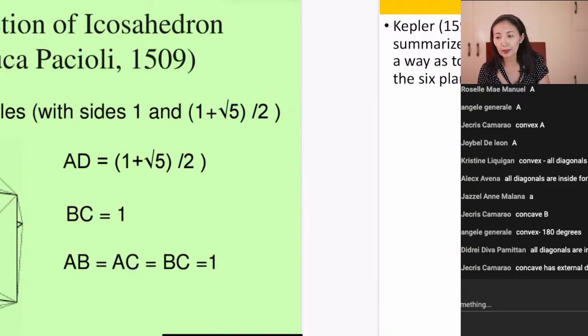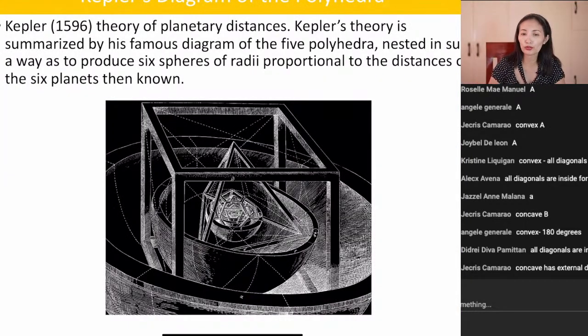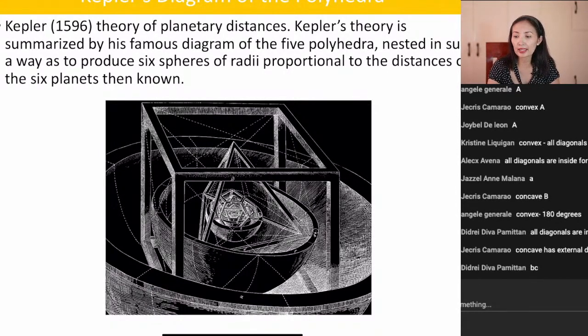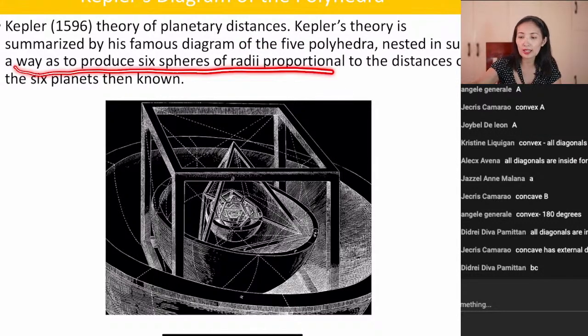Next, Kepler also had his own version of the polyhedra. Kepler in 1596 wrote his theory of planetary distances, and aside from that, his laws of planetary motion. Kepler's theory is summarized by the famous diagram of the 5 polyhedra nested in such a way as to produce 6 spheres of radii proportional to the distances of the 6 planets then known.